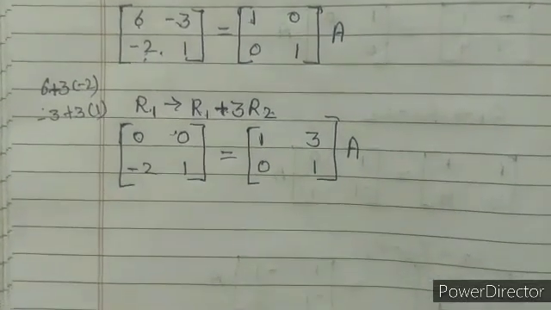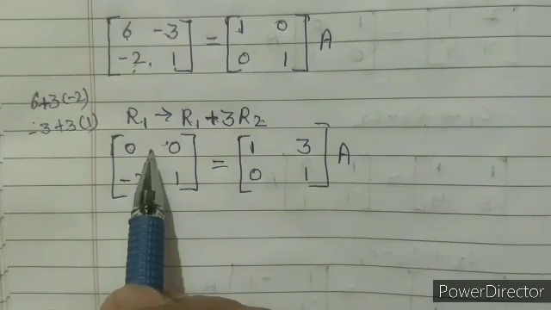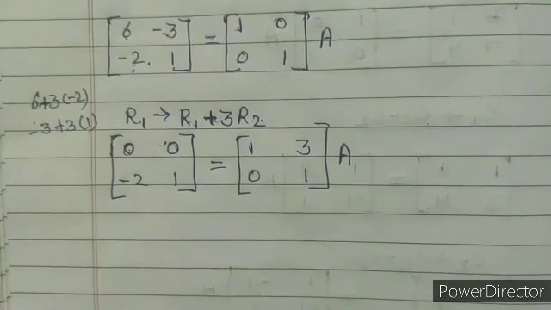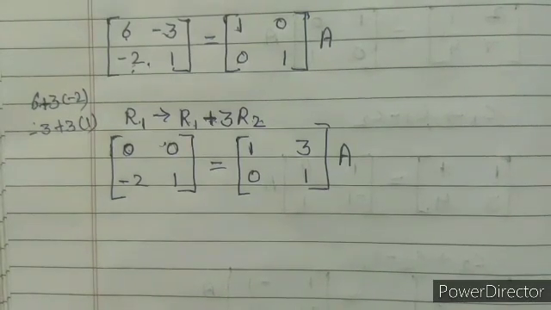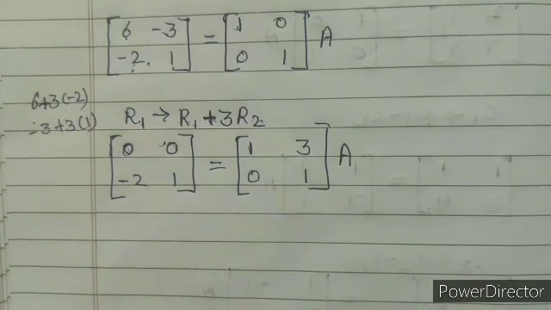As we see here, all the elements of row 1 are equal to 0. Now if all the elements of any row or any column are equal to 0, then the matrix is not invertible, or we can say we cannot obtain the inverse of a matrix.